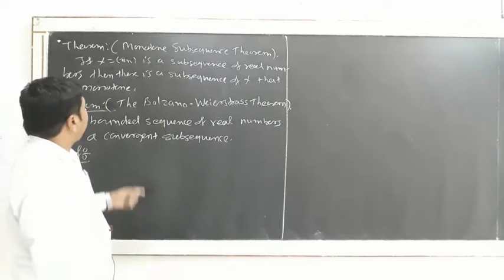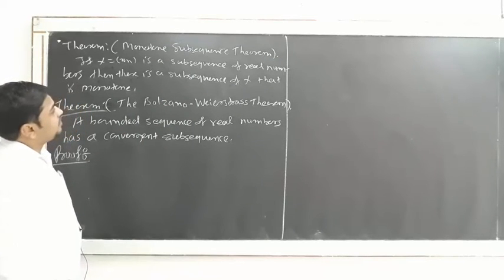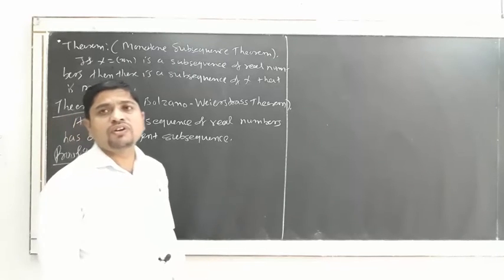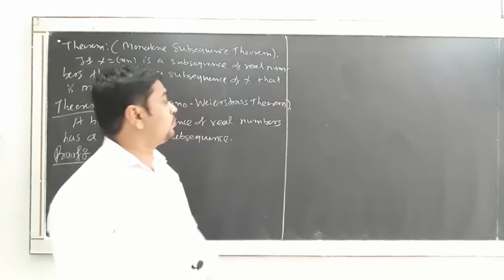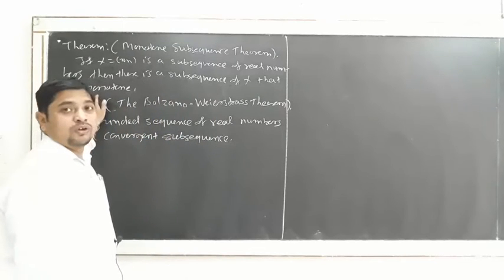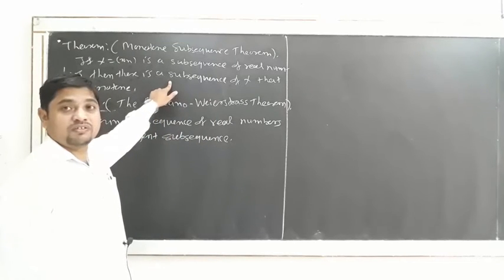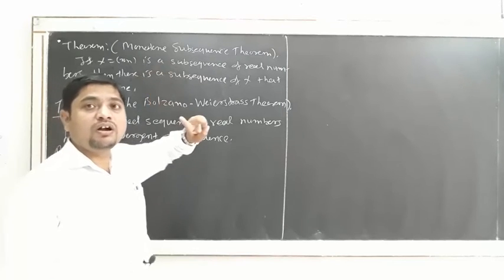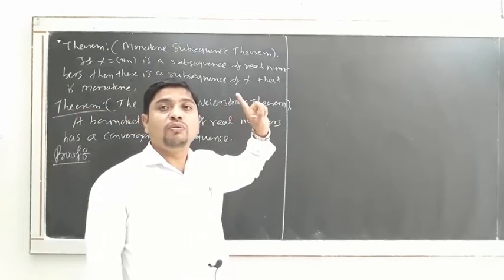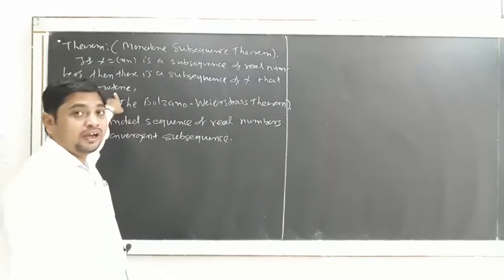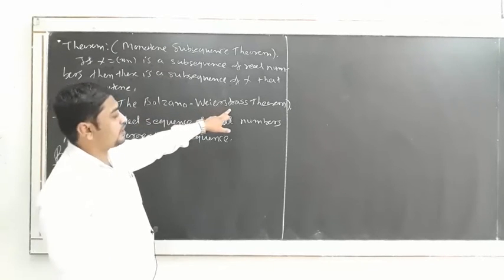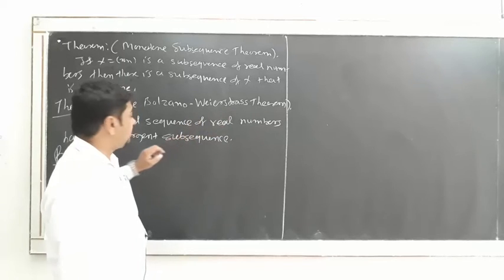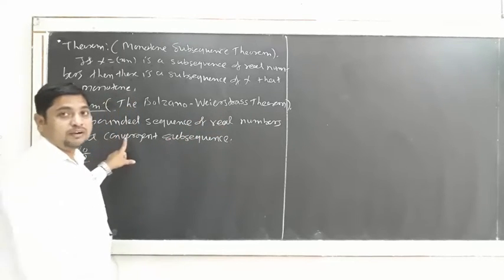That means if there is any sequence of real numbers, then it has a subsequence which is monotone. There must be one subsequence which is monotone. And then what is the next theorem? The Bolzano-Weierstrass theorem, which can be asked as state and prove.